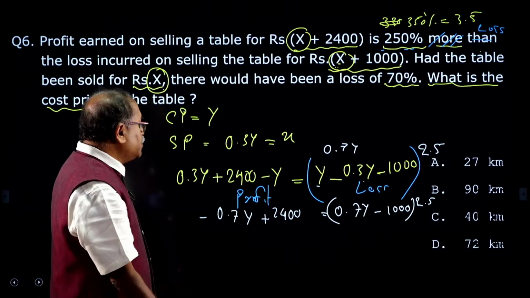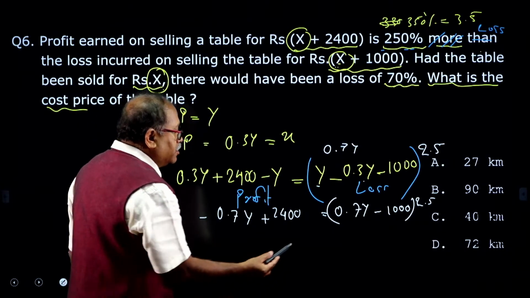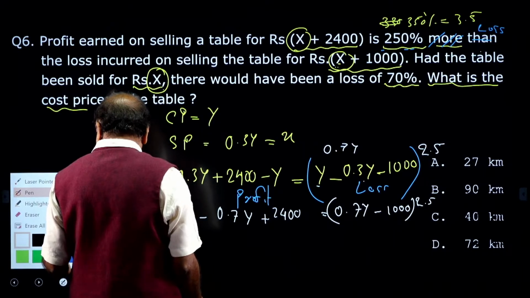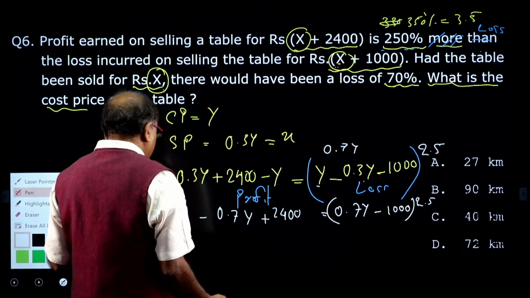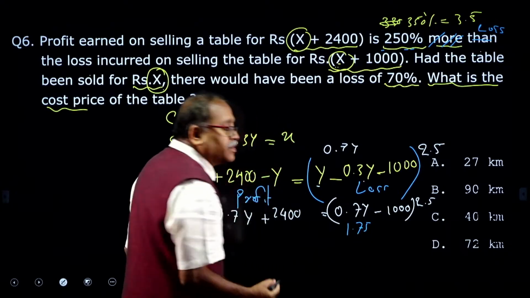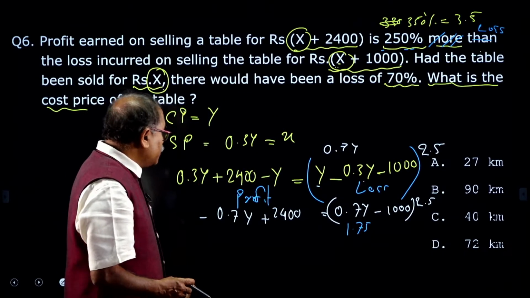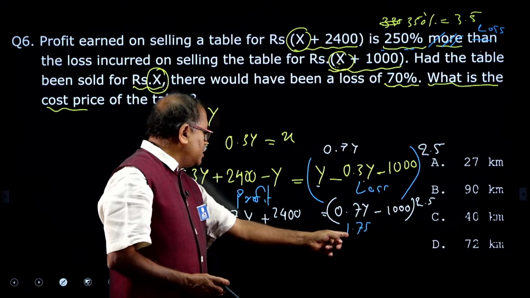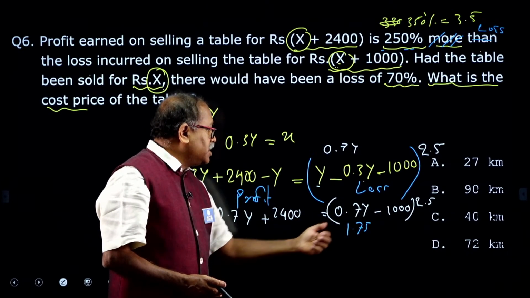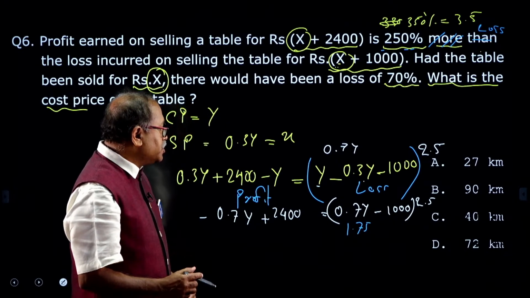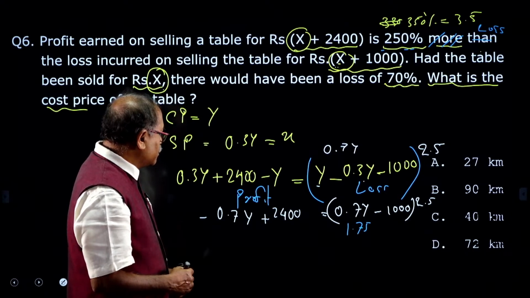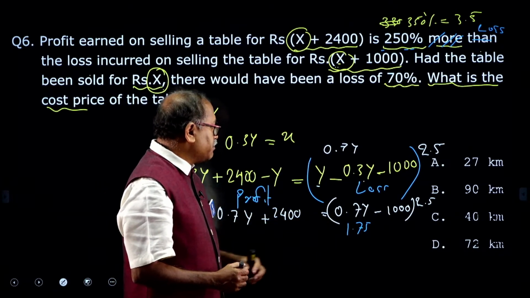So, there should not be any doubt now. Here when I multiply with 2.5, then I will be getting this one as 25 into 7, 1.75 Y. Now, 1.75 Y, and here it is minus. So, if you take the 7 over there, I will be getting 2.75.